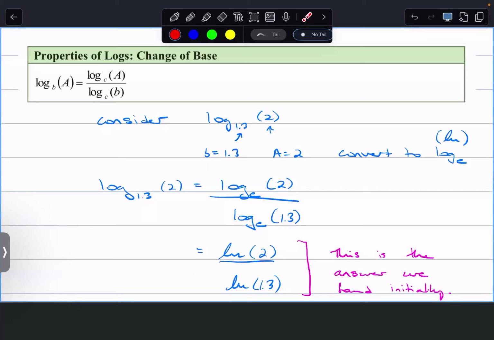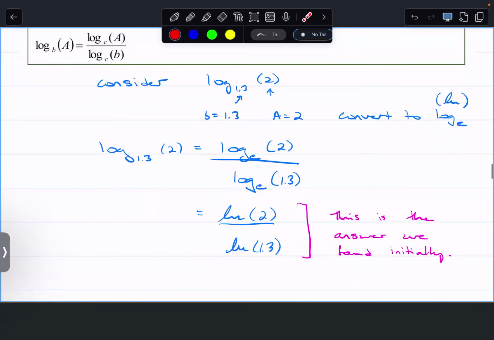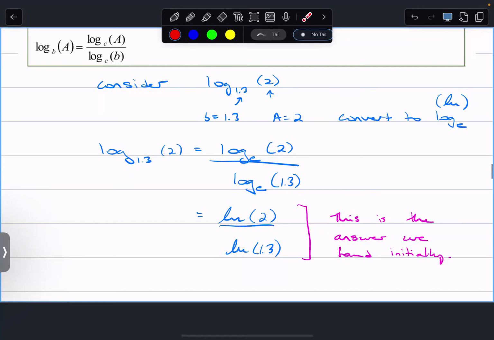Sometimes you might find an answer that looks different from a friend's answer, but once you apply the change of base formula, they're actually the same. And by that logic, this is why we can use the log of any base, because as long as I'm dividing the same log base, I can zip it up into one nice log later if I wanted to. Nice. So kind of sneaky.